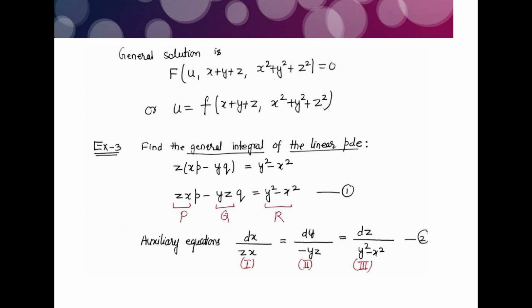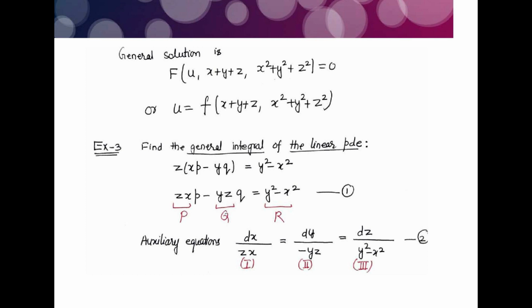Consider example number 3. We have to find out the general integral of the linear partial differential equation given by 1. Here capital P, Q and capital R we can read from equation number 1, and the auxiliary equations are given by 2.